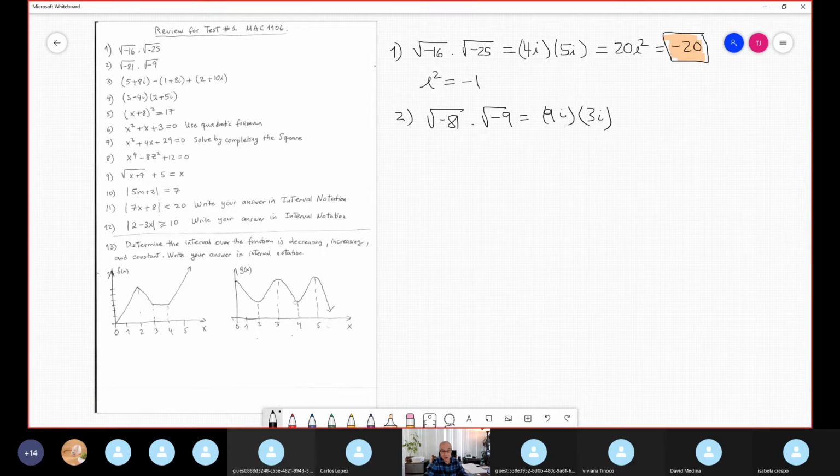See, if the number inside the radical is positive, there is no i. It's only when there is a negative number inside the square root. So, 27 i squared, and immediately you put negative 27. End of story. Any questions so far?